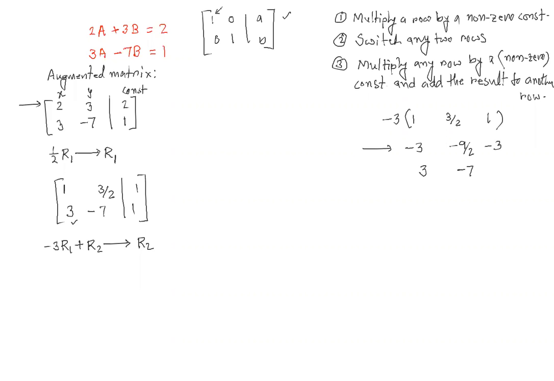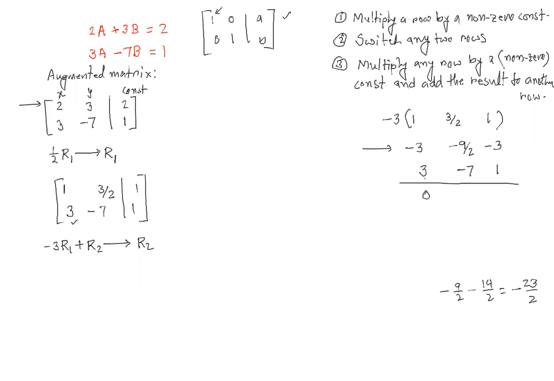-7, and 1. If I add these 2 rows, -3 plus 3 is 0. -9/2 plus 7, what is it? -9/2 minus 7. 7 is 14/2, so it is equal to -23/2.